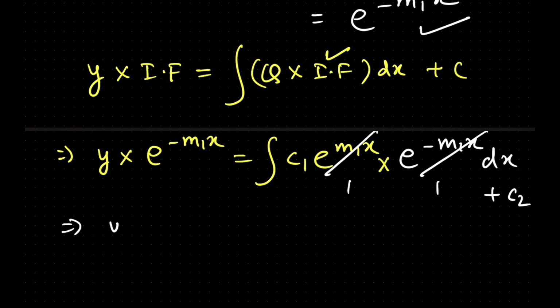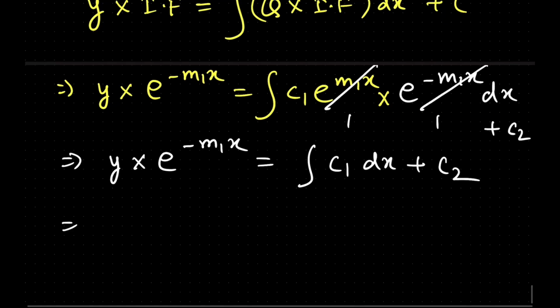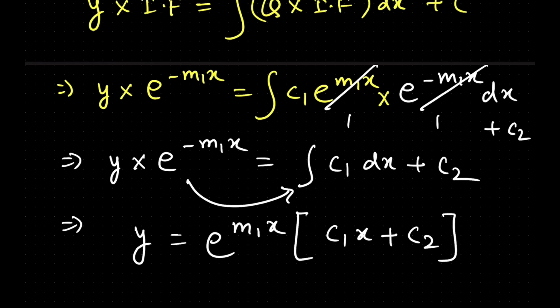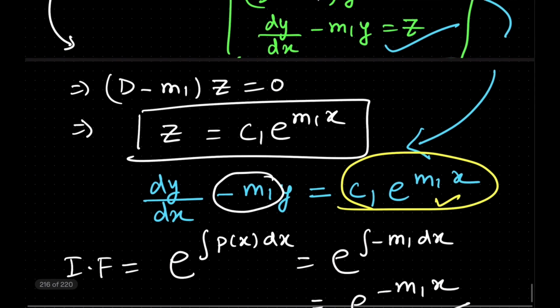So y into e to the power of minus m1 x equals integral of c1 dx plus c2. Now you can bring this to the right hand side. So you will get y is equal to e to the power of m1 x into c1 x plus c2. Now you have understood the derivation in case m1 and m2 are equal, that is, two roots are equal.